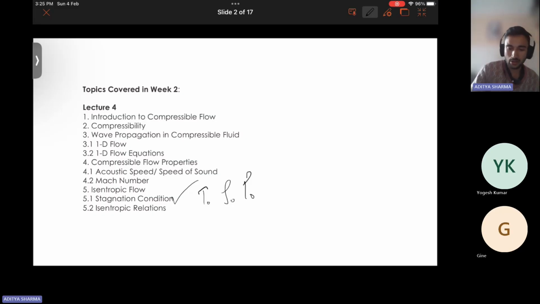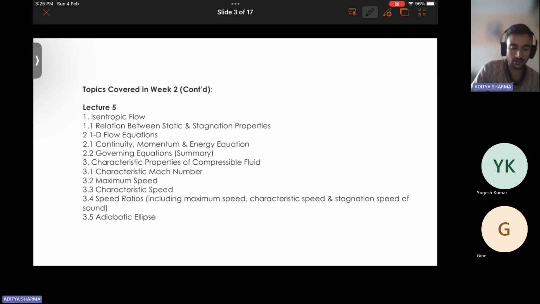Then we had lecture 5, in which we continued with the isentropic flow only: the relation between static and stagnation properties. In compressible flows, these equations are at first basic, but they are very important and prove to be very handy when dealing with compressible flows.